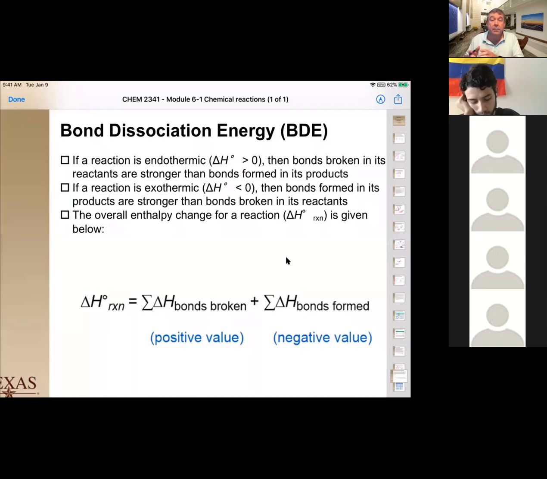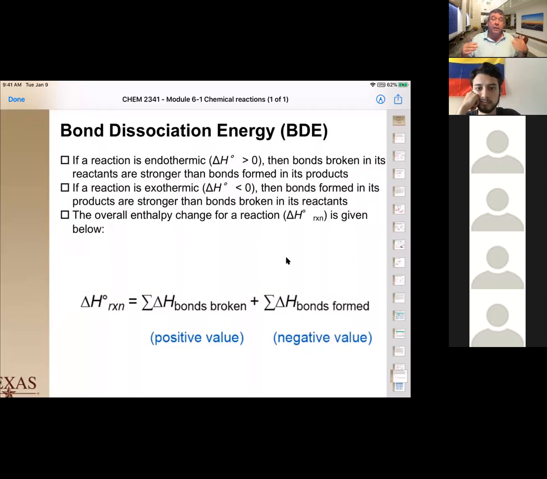So you're not storing as much energy in those newly formed bonds, and therefore you have to add energy to the system. The opposite is true if the reaction is exothermic: the bonds you've made have less energy than the bonds you've broken, and therefore it gives off heat.